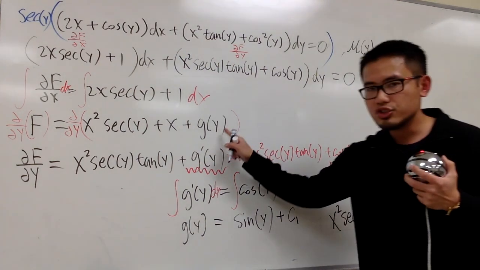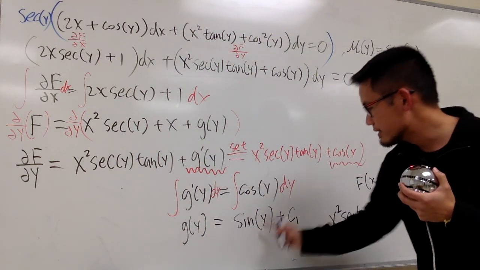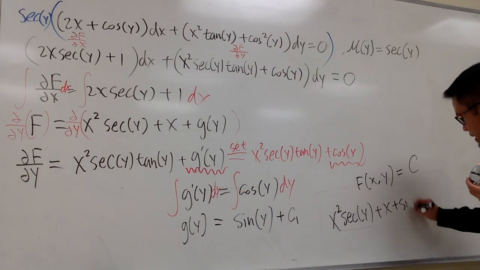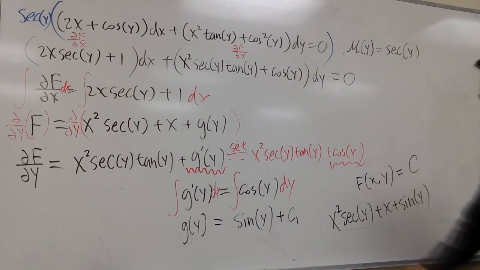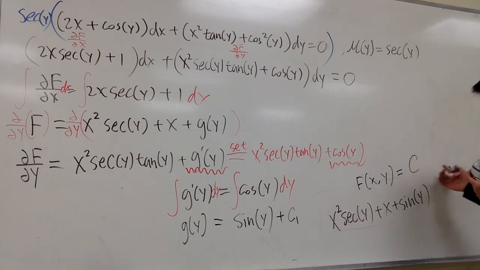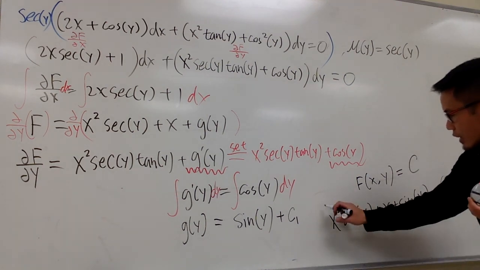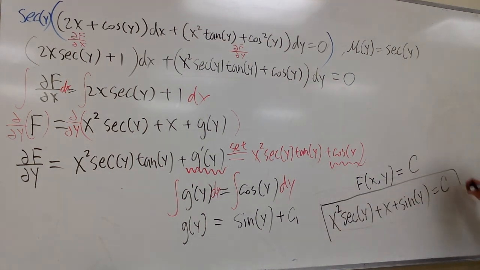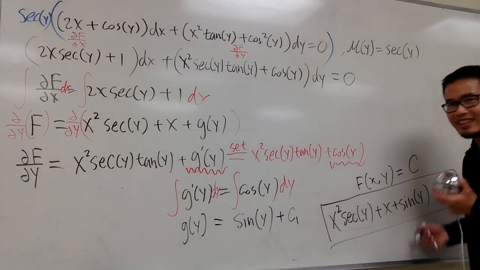Good. And then g of y, we also found it, which is sine of y. Right, so plus sine of y. And for the c1, I'm just going to ignore it because I'm going to put it on the other side for all the constant. So this is altogether equals to the constant c. So here we have it. This right here is the answer. That's it.